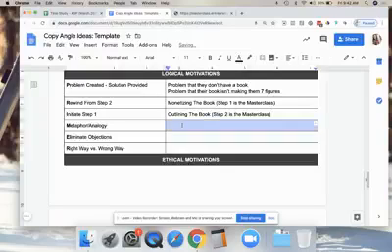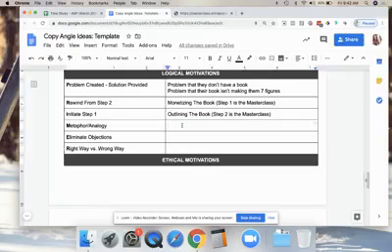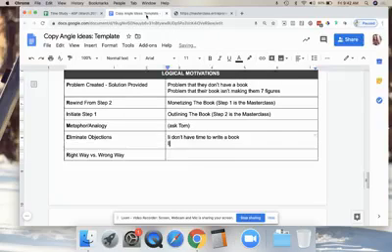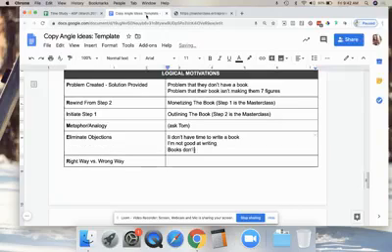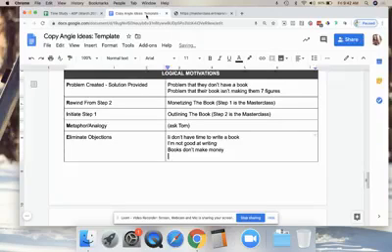Metaphor or analogy. I'm going to have to think on that one, or we can ask Tom. Eliminating objections. What are people's objections to this? I don't have time to write a book. I'm not good at writing. Books don't make money. I can't get a publicist.